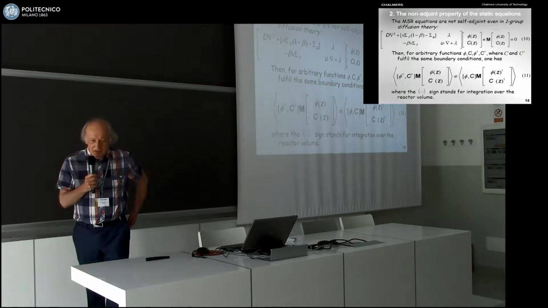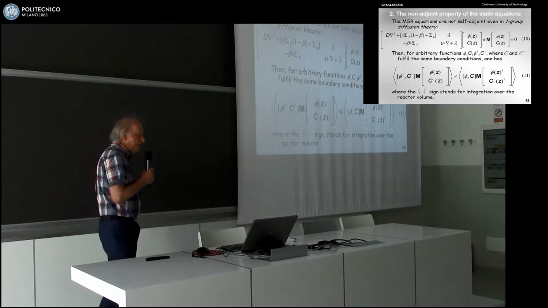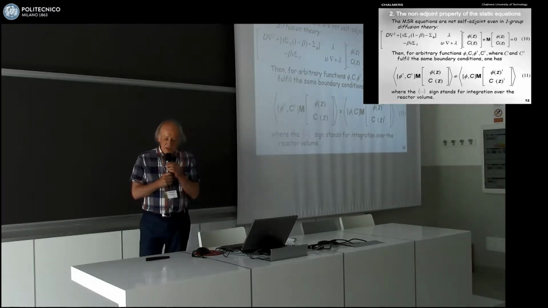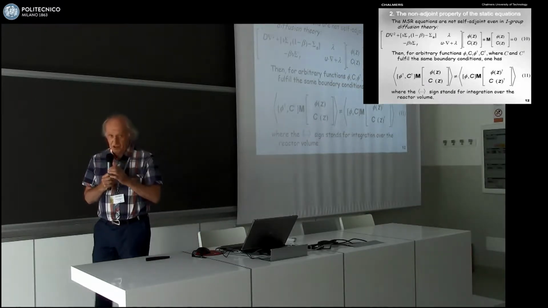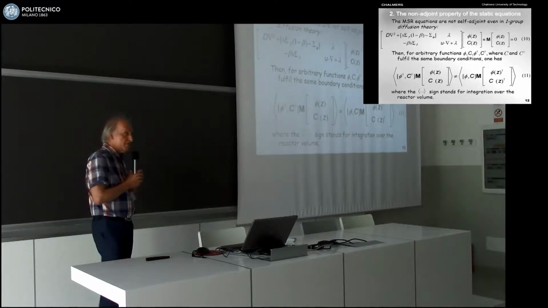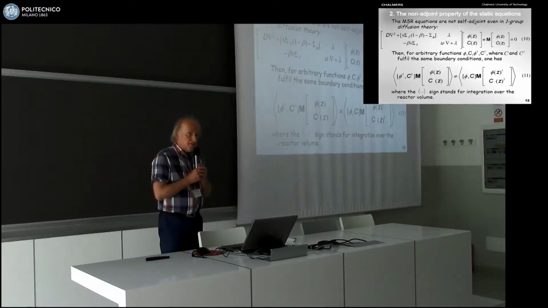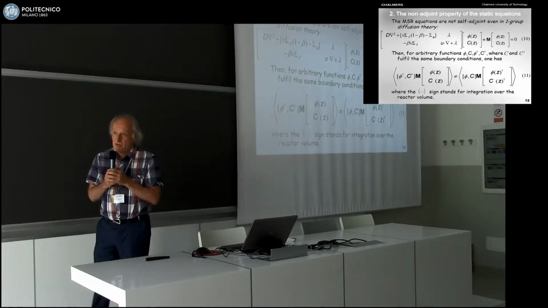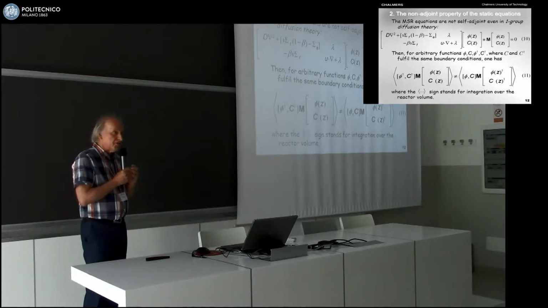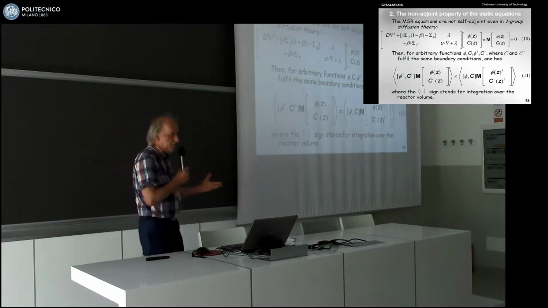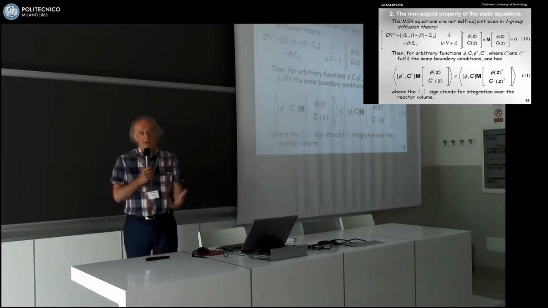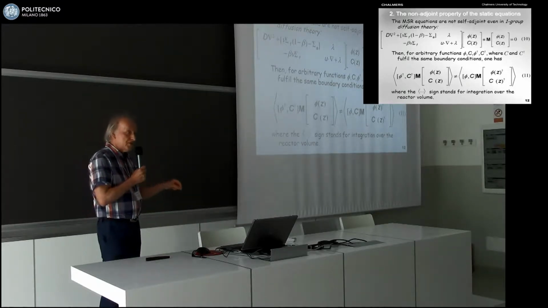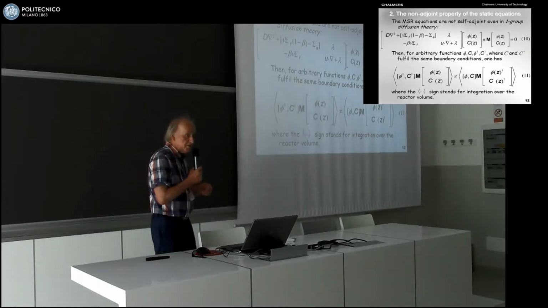Now, maybe I should have said why the non-self-adjoint property is interesting at all. Well, it is always convenient to have self-adjoint operators, because we know that the eigenfunctions of a self-adjoint operator are orthogonal. And therefore it's easy to use an eigenfunction expansion of, say, a time-dependent problem with respect to the eigenfunctions of the static problem, because we can find the coefficients through the orthogonality relationships.